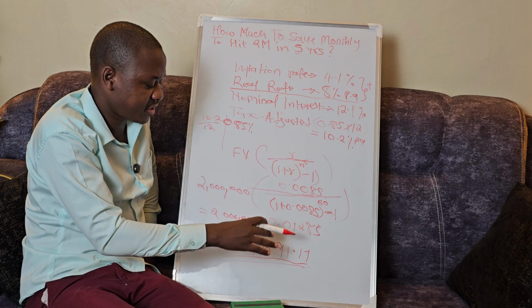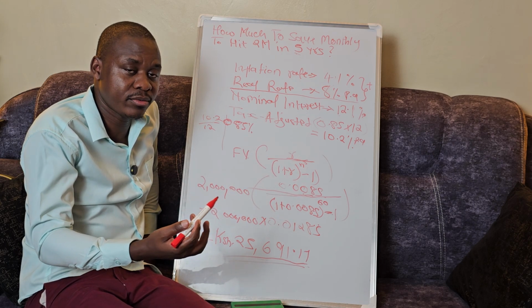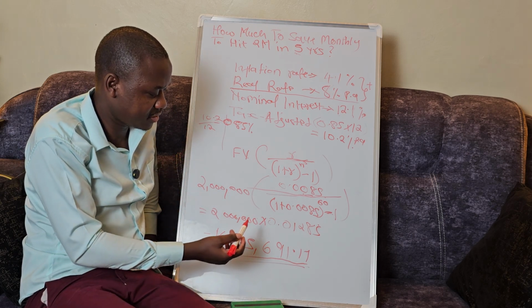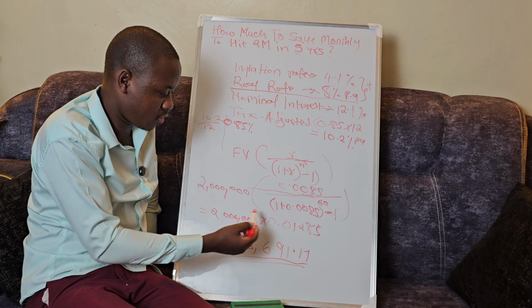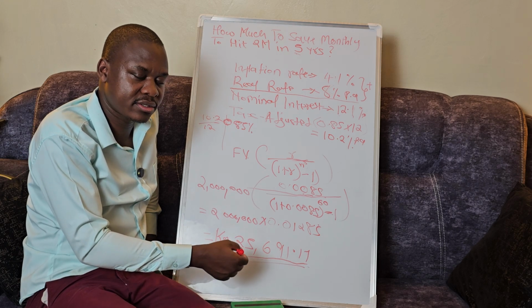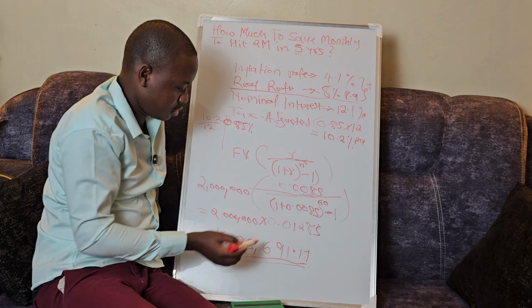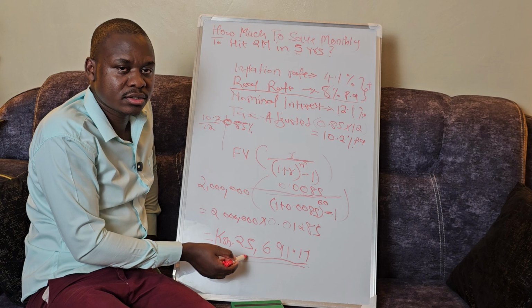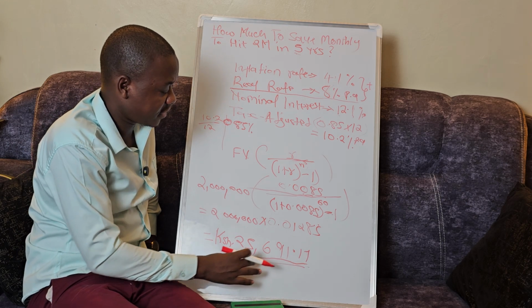But for compounding interest, you will pay this. So anytime you want to save, always ask about the terms of that particular savings account. If you find that it's compounding, then the better, because it will allow you to attain the same goal of 2 million with less cash compared to simple interest.